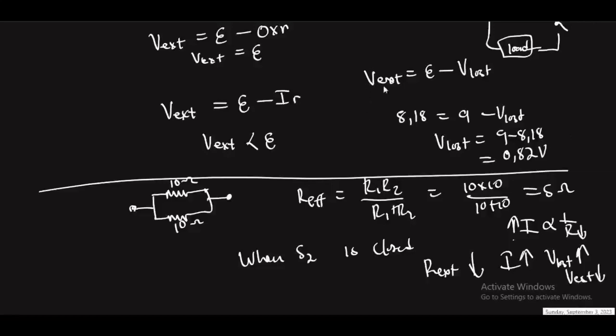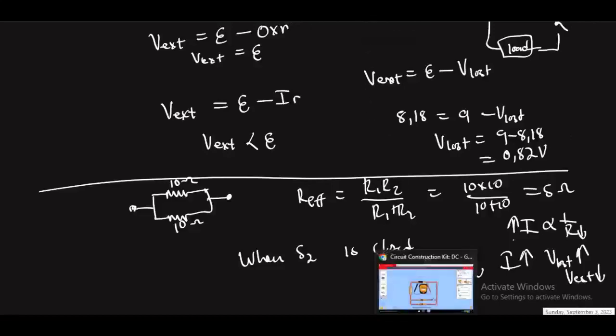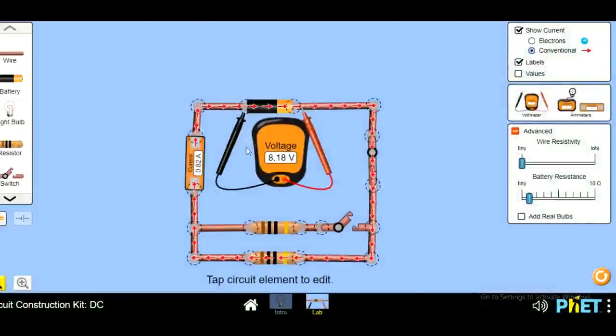I will show you what I mean. Let's go back to the simulation and see what happens. Here we have 8.18 volts. What happens if we close the switch? Will the reading on the voltmeter increase, decrease, or remain the same?